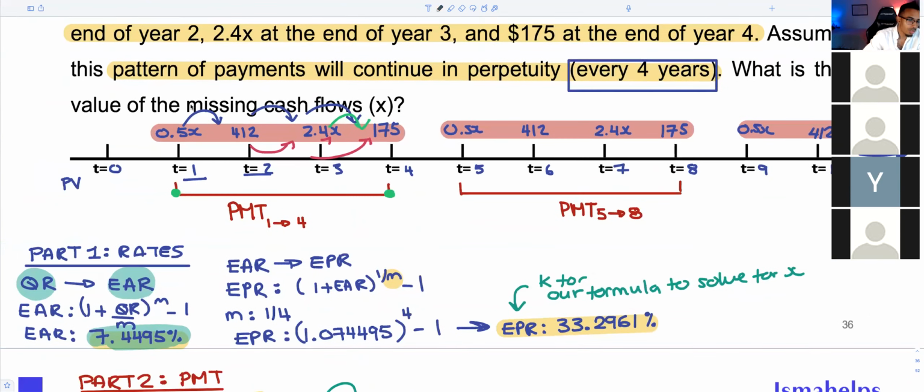It was 7.25. So you're going to do 7.25% divided by 4. That's going to be plus 1. That number to the power of 4 minus 1. Can you try that right now on your calculator and tell me what you get? You may have forgotten to put a percentage. That is possible. I make that mistake myself.